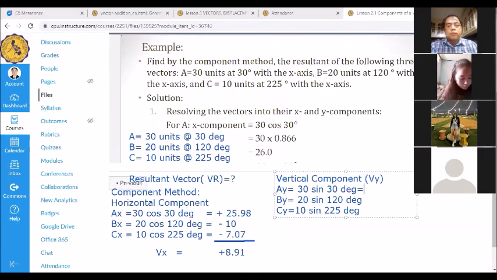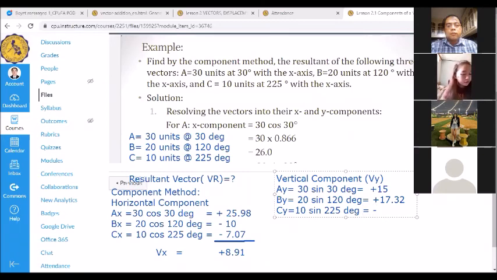And each of our values are equivalent to what? I think this is 15, no? 15, sir. So I will write positive or negative, because the positive or negative sign is important. So I think that's positive. This one is also positive, correct? Yes, sir. 17.32, sir. Positive again, 17.32. Then the last value is what?